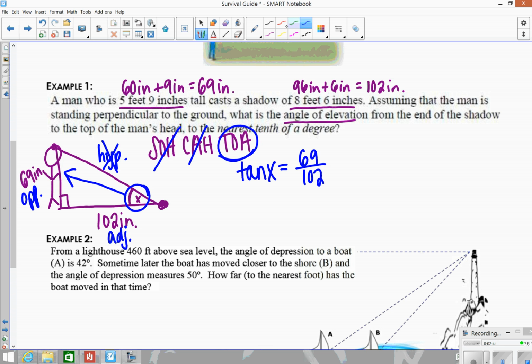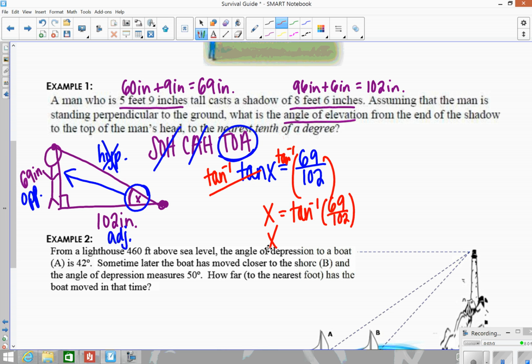And I need to solve for x. So in order to solve for x, in this case, remember you can't just divide by tan because it's tan of x. So to undo the tan, you're going to take the tan inverse of both sides. So you'll have x equals tan inverse of 69 over 102. So you're going to enter that in your calculator, making sure your calculator is in degree mode, and you're rounding to the nearest tenth.